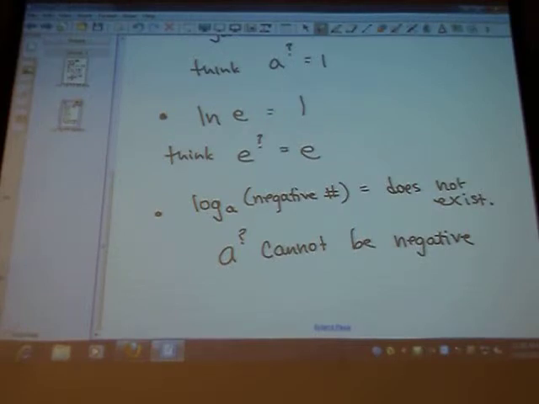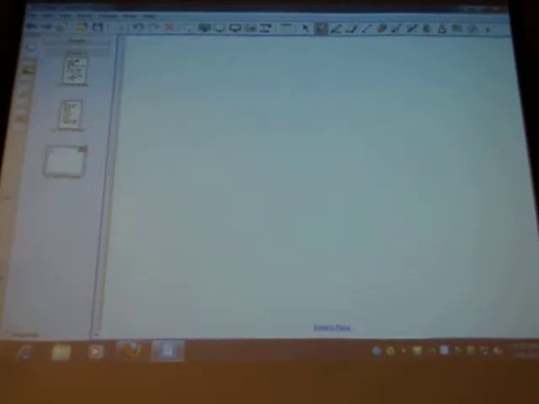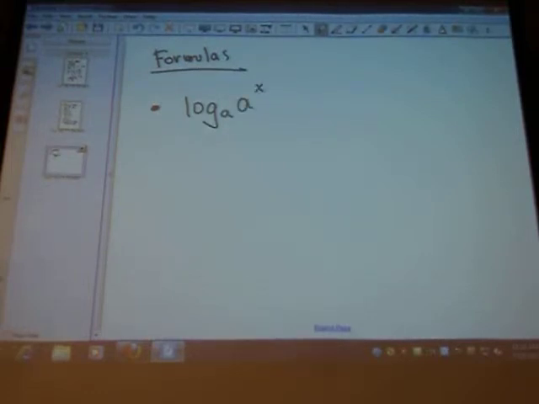Okay, now let's talk about some formulas that we might need to use. The first one tells me that log base a of a to the x power is equal to x.